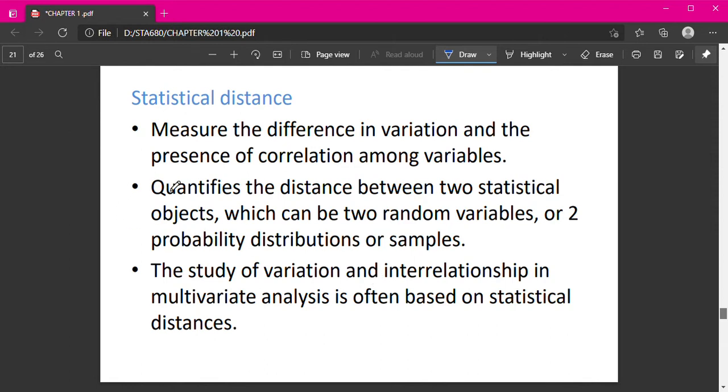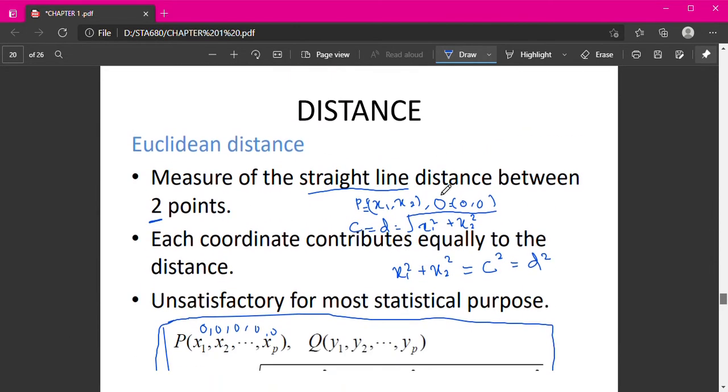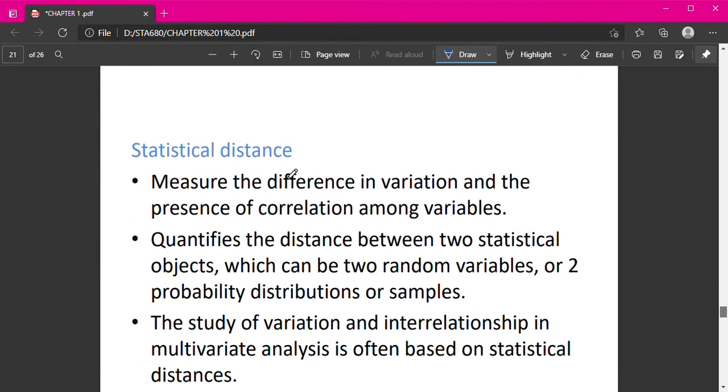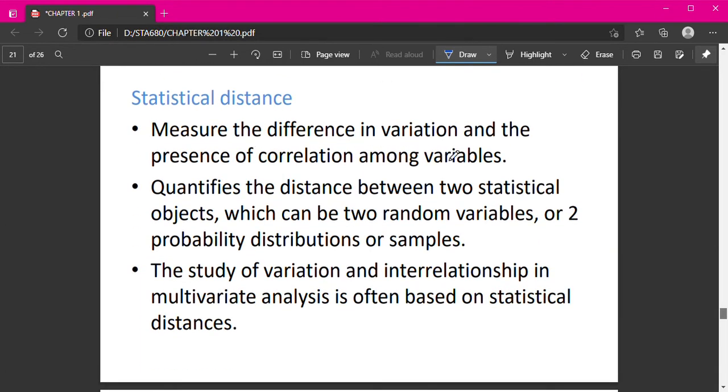Okay, it measure the difference in variation and the presence of correlation. Okay, measure the difference in variation. Macam tadi kita nak tengok distance of the straight line distance of the 2 points sahaja, tapi untuk statistical distance kita measure difference in variation.